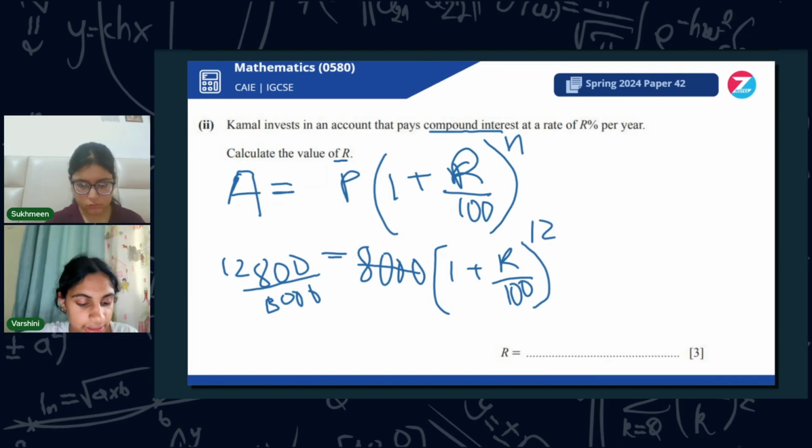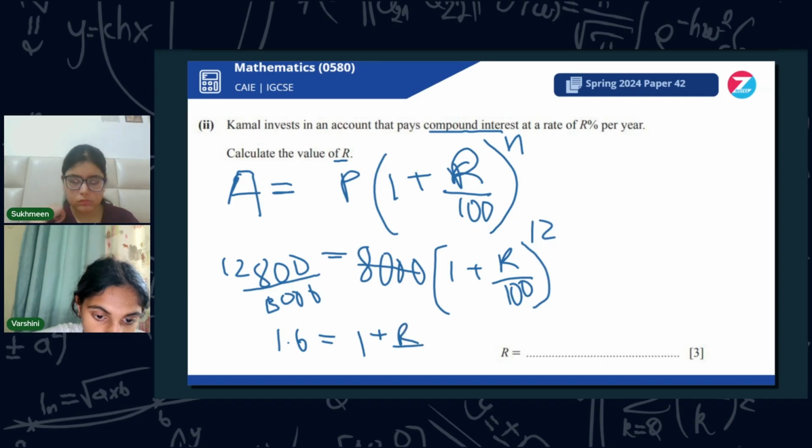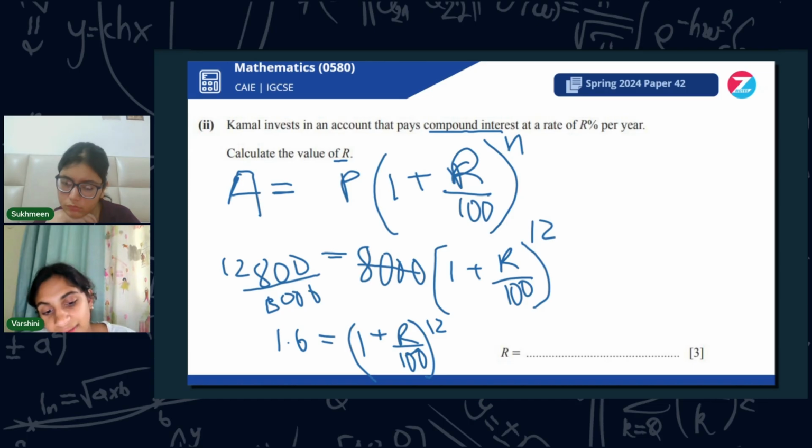Put that in your calculator and you should get 1.6. So 1.6 equals 1 plus r by 100 to the power 12. Now that we have this power, let's get rid of it by taking the 12th root of this.